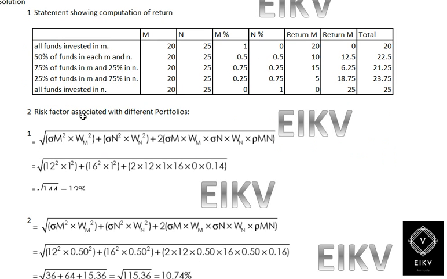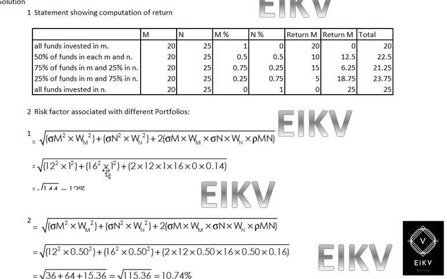Okay, now we are going to compute the risk factor. The formula for risk factor would be the square root of the variance of M into weight of M squared plus the variance of N into weight of N squared plus 2 into weight of M into weight of N into standard deviation of M into standard deviation of N into the correlation coefficient.